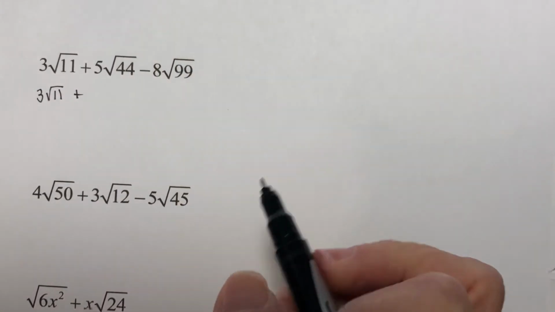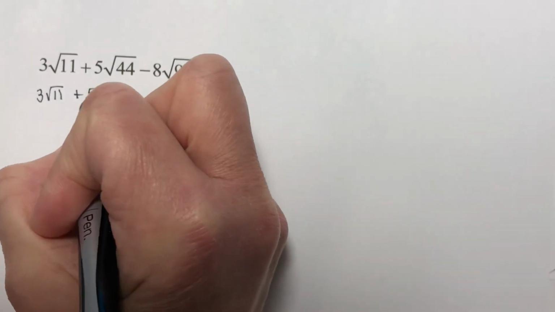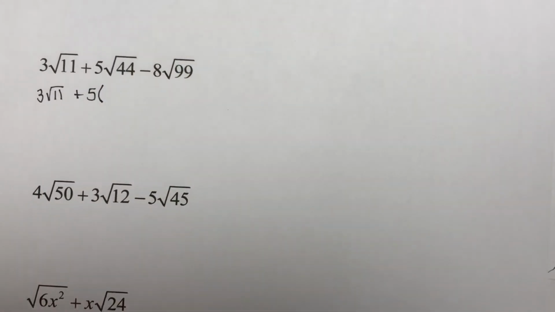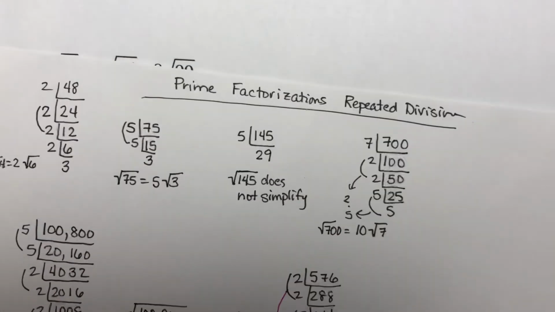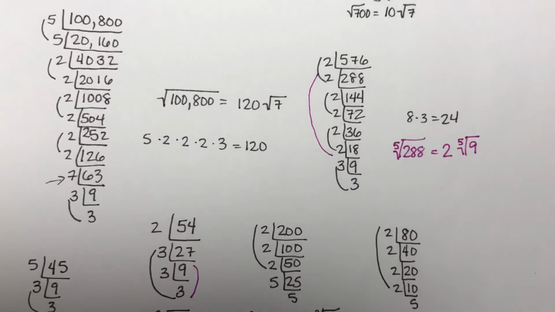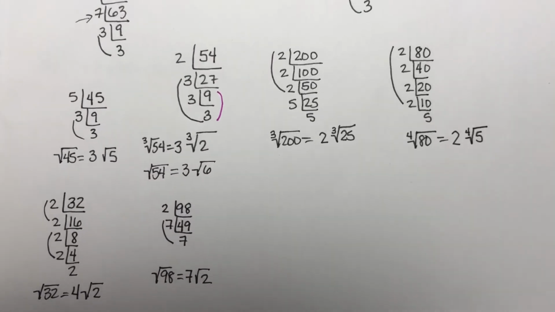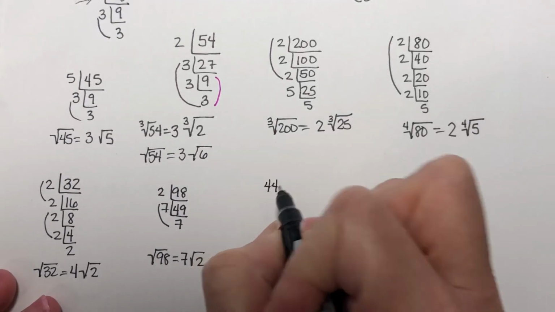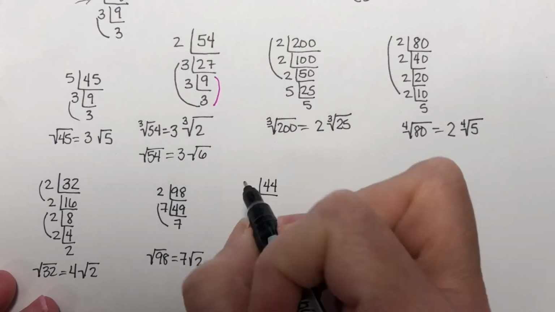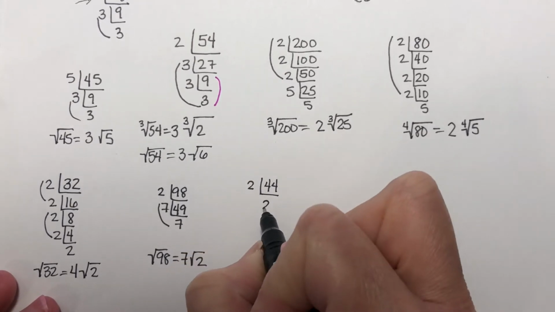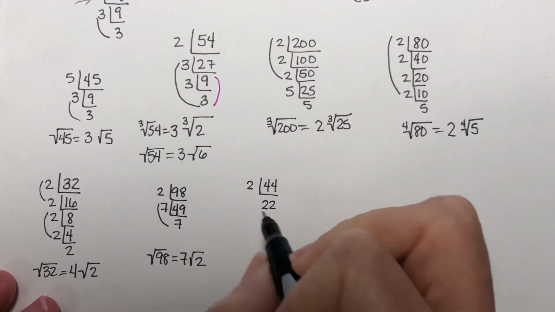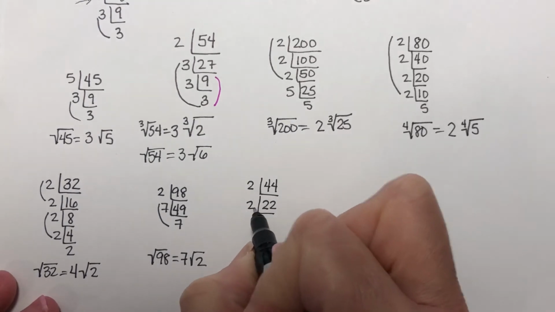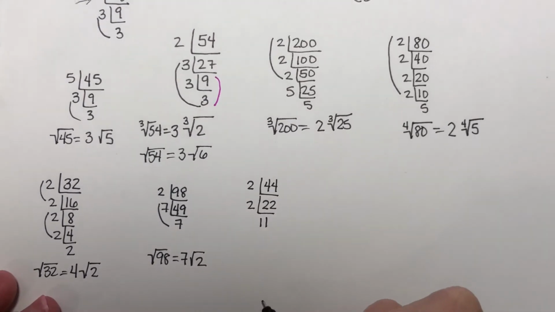Plus 5 times the square root of 44. Let's look here, and I do not have a 44 anywhere, so let's find a prime factorization of 44. It's even, so it's divisible by 2, which gives 22, which is also divisible by 2, giving me an 11.